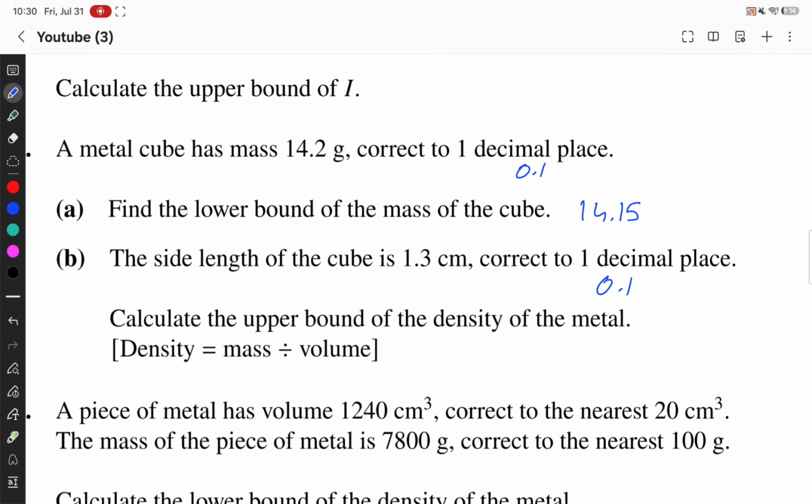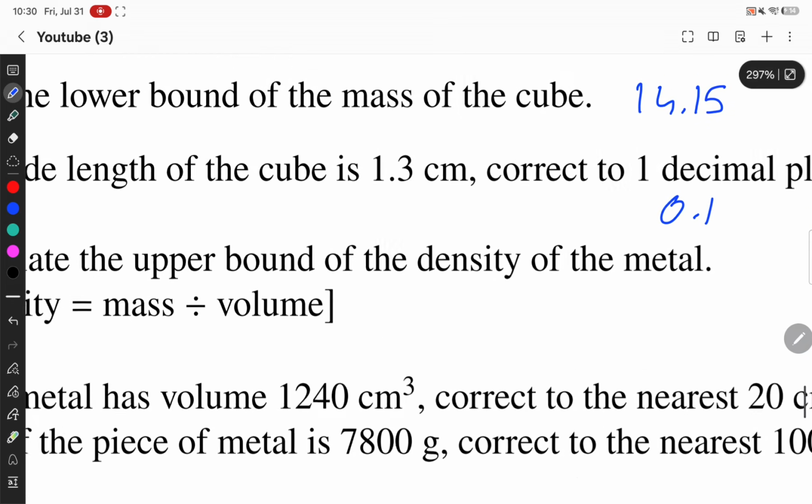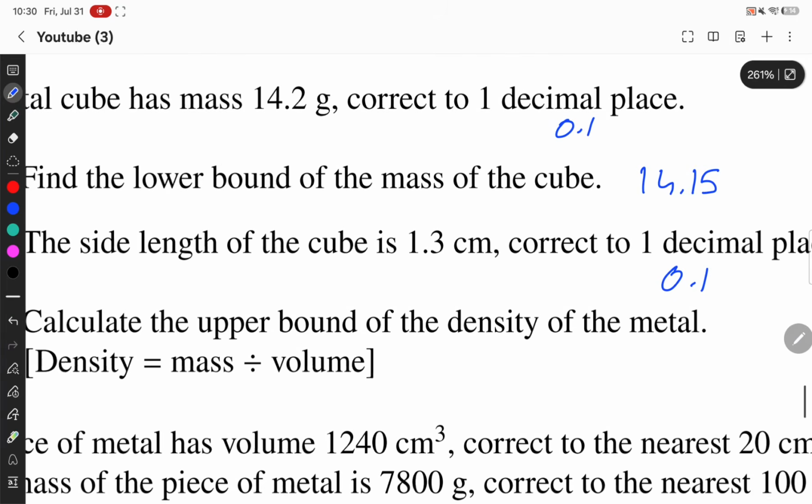Density, we know density. Let's do this. Now, what is the volume of the cube? It is 1.3 cubed. Okay, first let's define what we want to find.